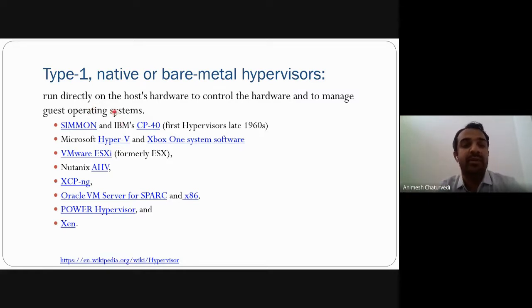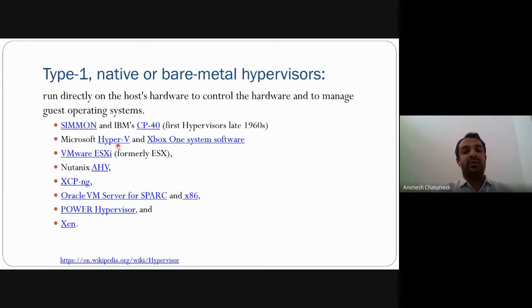What are the examples of these type 1 hypervisors, which work directly on the hardware, control the hardware directly and manage other guest operating systems? The examples are Xen, and IBM CP-40, which was introduced in the 1960s, which is the oldest form of hypervisor that humans know.